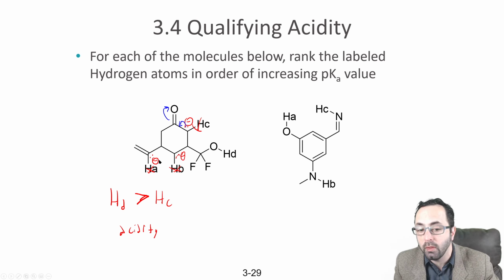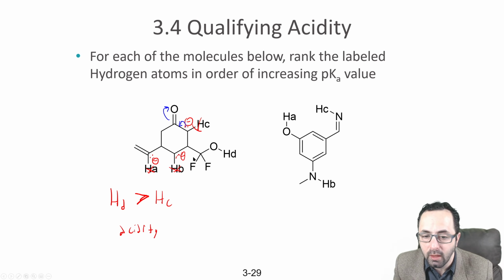Now, neither of the conjugate bases of HA or HB would have resonance, so we move forward to induction. With induction, here we have fluorine atoms that are a little ways away. It's attached to this carbon, which is right next to this one.